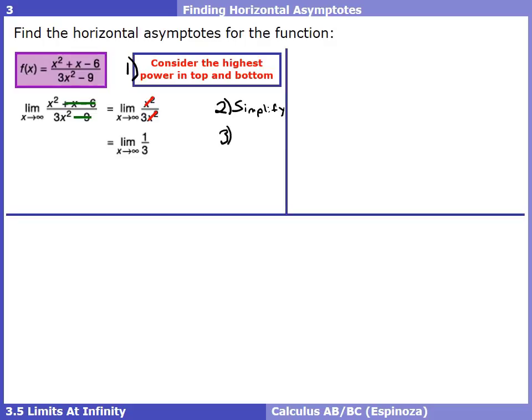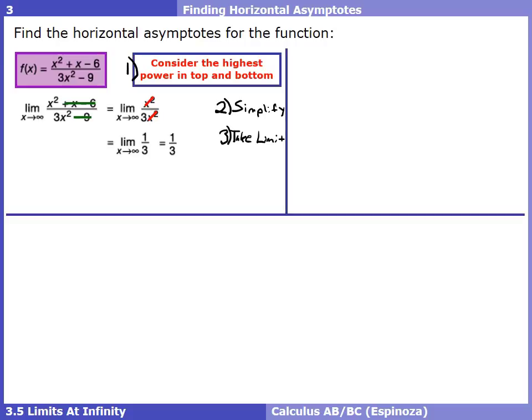The third step, once you simplify, is to take the limit. If we take the limit of a constant, you'll have to recall from chapter 1, we just get a constant. It doesn't matter if x is going to infinity because there is no x to affect our function. The limit as x goes to infinity of 1/3 is simply 1/3.